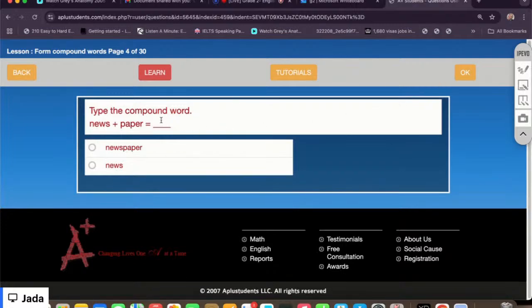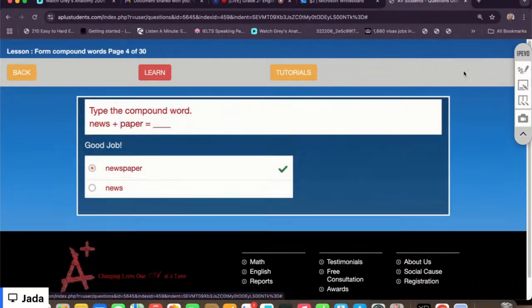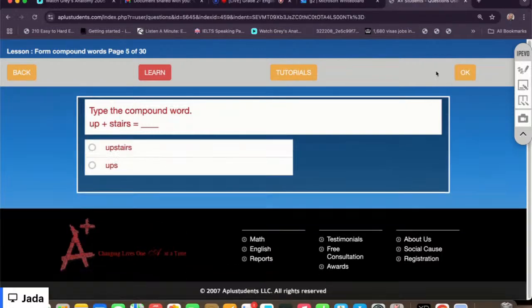What do we have here? So we have newspaper. News plus paper gives us newspaper.